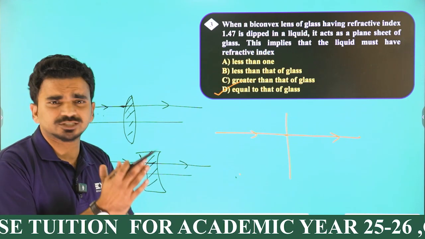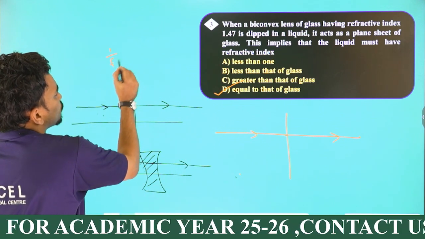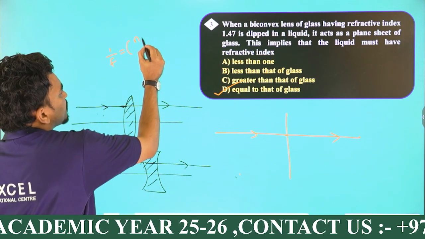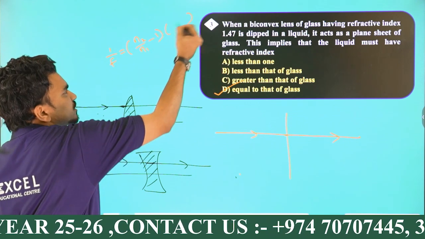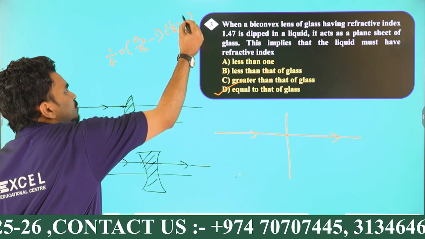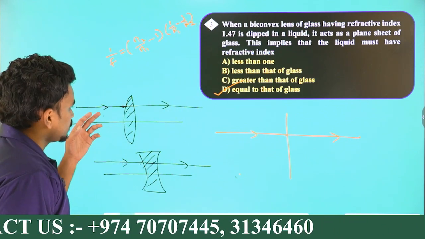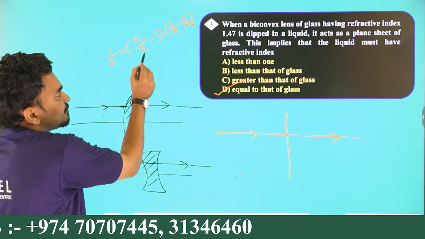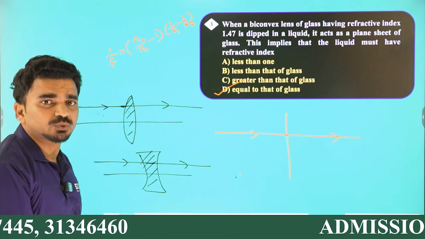You can approach this concept in one more way. Look at this. The lens maker's formula also will help you. 1 by f is equal to n2 by n1 minus 1 into, I'm not focusing on the other part, oh, let me write anyway, 1 by r1 minus 1 by r2. If both media's refractive indices turn out equal, if n1 and n2 come out equal, what will you get?